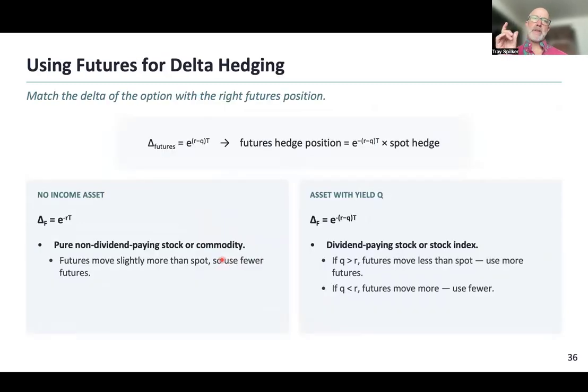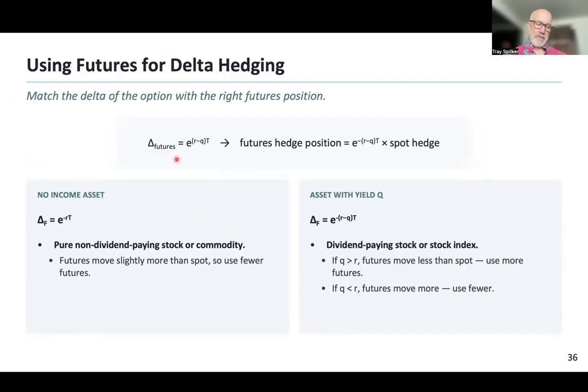In terms of using futures for hedging delta, it's pretty straightforward. We just match the delta of the option with the right futures position. Mechanically, the delta of the futures position is equivalent to e^((R-Q)T), because remember, index futures pay dividends, so we have that Q in there.